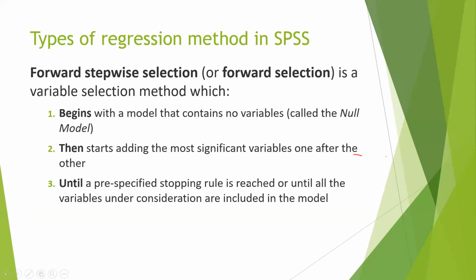So what does stopping rule mean? If you are saying statistically significant variable, the significance you can define here. If you know about significance, what is the p value? What do you understand by the p value? The p value has to be less than 0.05.